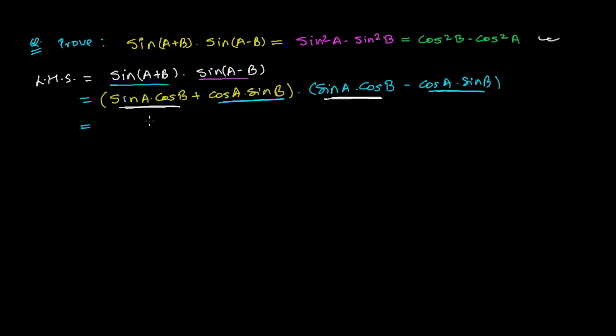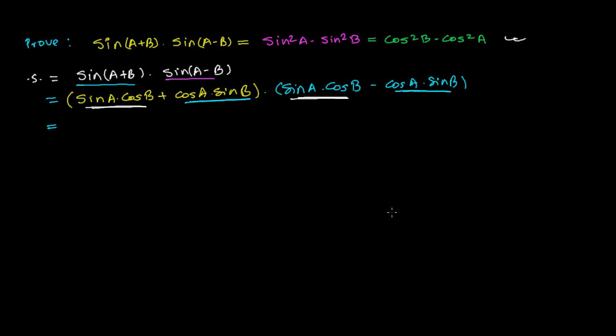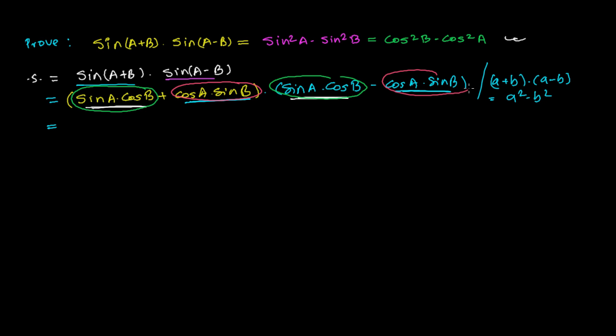So don't you think it looks like a plus b times a minus b? So I can write it like a square minus b square. This whole quantity will be working as a, and this one will be working as b. So I can write the square of this green color minus the square of this red color.